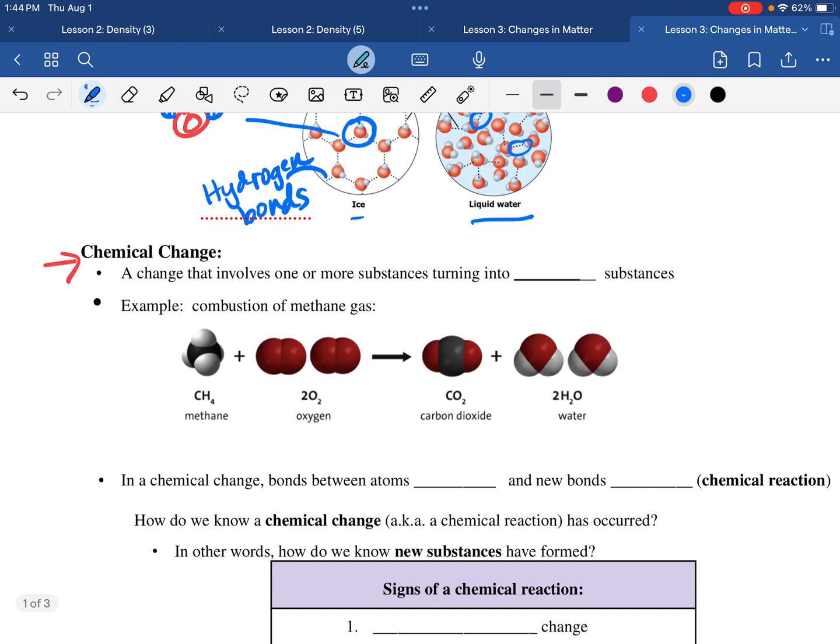And now a chemical change is a change that involves one or more substances turning into new substances. Here's an example: combustion of methane gas. If you have a gas stove or a gas fireplace or a gas fire pit, that runs on methane gas. It's often called natural gas.